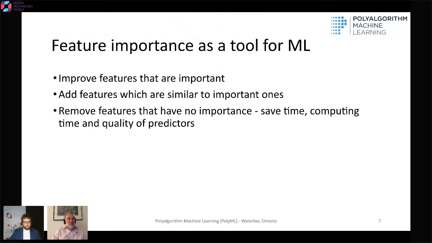So if we know that something is important, this will also apply to a banking application. If we know that the residence where the person lives is important for determining the loan, maybe we will want to collect more information about it: is it an apartment, is it a house, how long has the person lived there, et cetera.